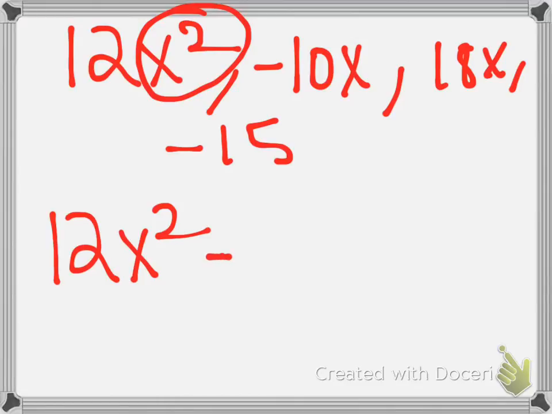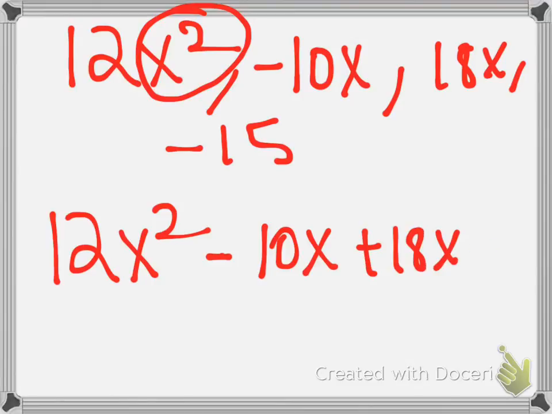Then it's going to be negative 10x plus 18x. Then it's minus 15. This is x squared, this is x to the power 1, and this is x to the power 0. So x to the power 2 is always first.